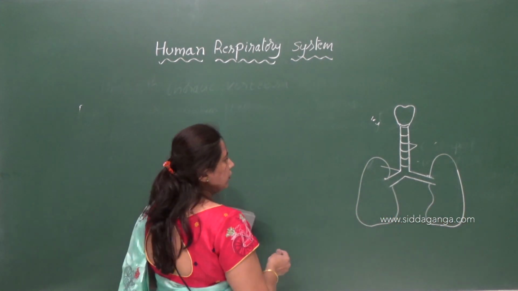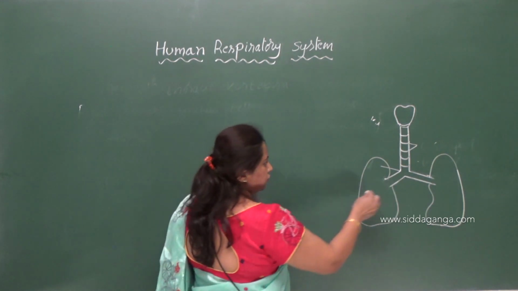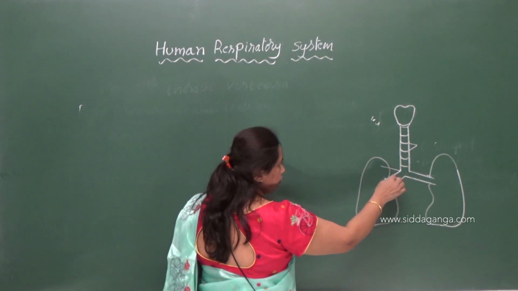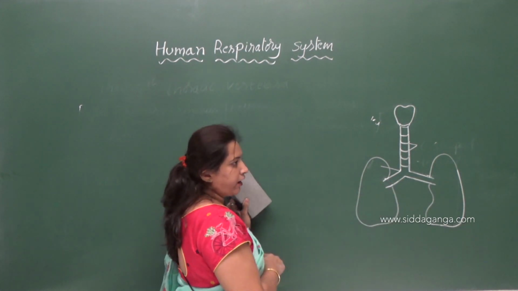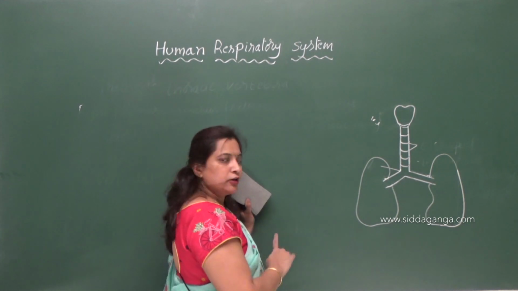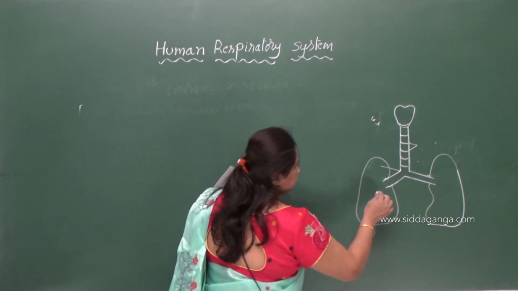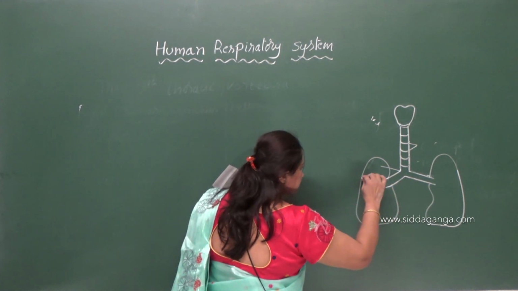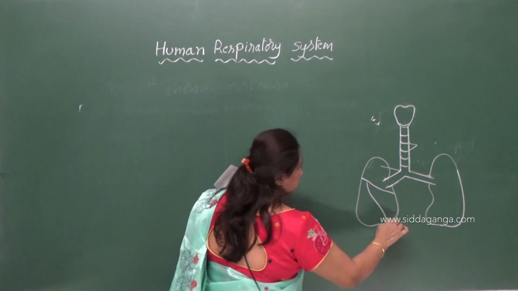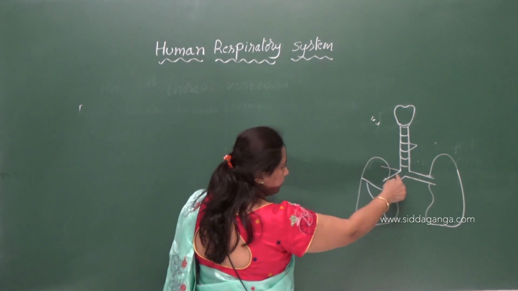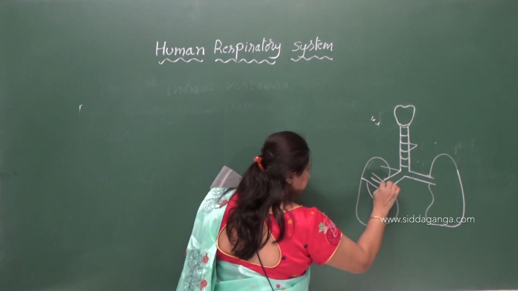The right primary bronchus, on entering the lung, will divide to form secondary bronchi. In the right lung there are 3 lobes, so it divides like this.